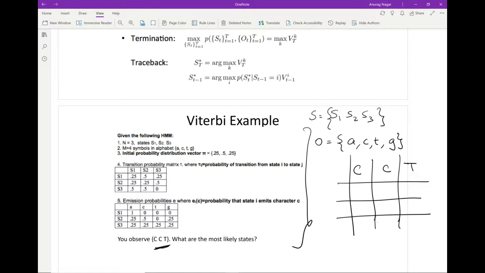So this will be Viterbi time 1 state S1, Viterbi time 1 state 2, and Viterbi time 1 state 3, and so on. Then Viterbi time 2 state 1, Viterbi 2 state 2, Viterbi 2 state 3. And similarly V3 S1, V3 S2 and V3 S3.